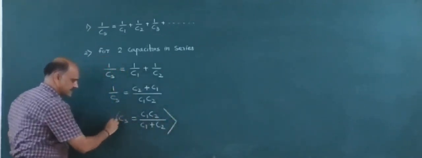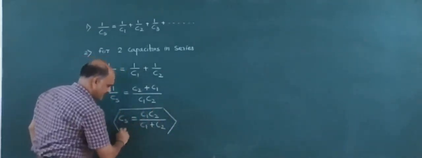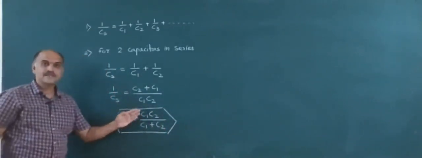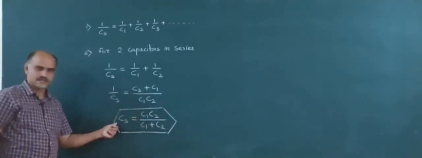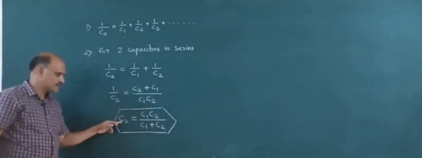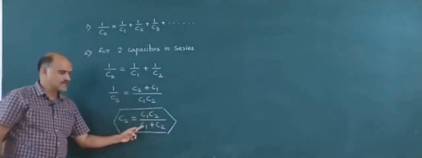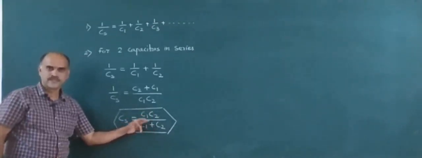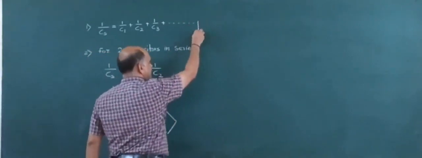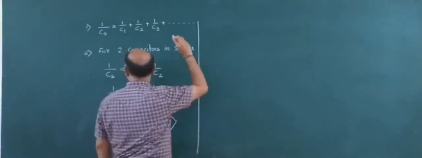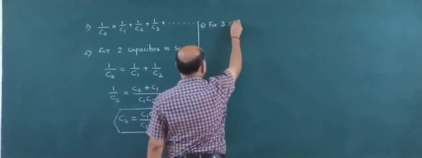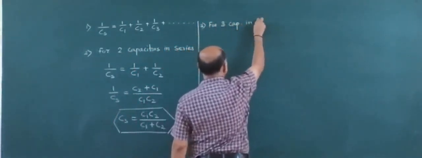So this is the expression for equivalent capacitance, and this formula will be helpful while solving numericals. If 2 capacitors are in series, directly you can use C1 into C2 by C1 plus C2. Clear?